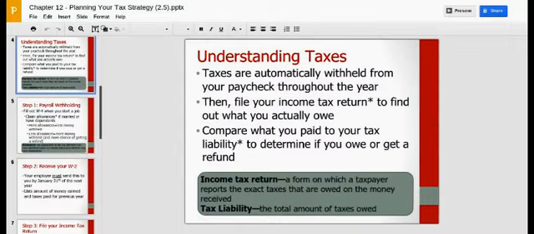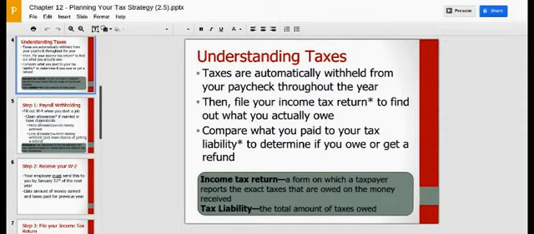Going right into understanding taxes. Taxes are automatically withheld from our paycheck throughout the year. We then file an income tax return, where we report how much money we made from working and the exact taxes that are owed on the money that we made. So how much we owe in taxes.